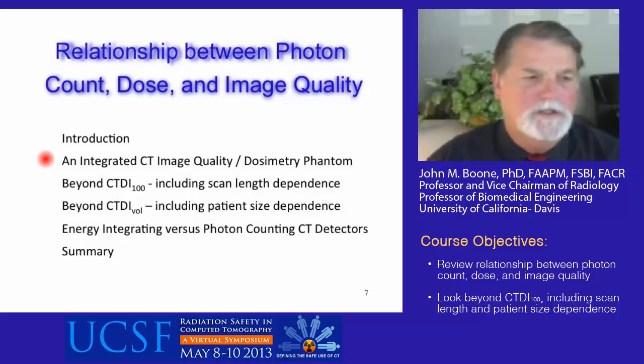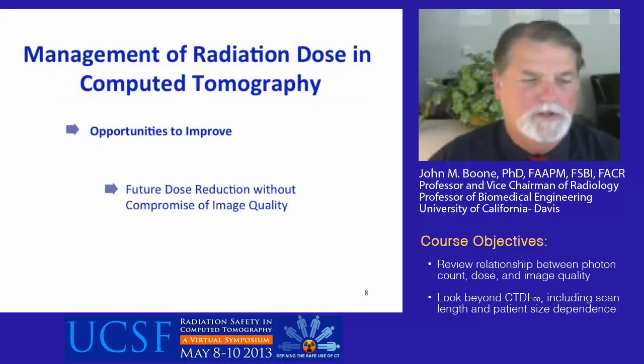So let's discuss an integrated CT image quality phantom, and this is really how we can help manage radiation dose in CT, and this is one of the opportunities we think to improve our understanding of what the CT dose is.